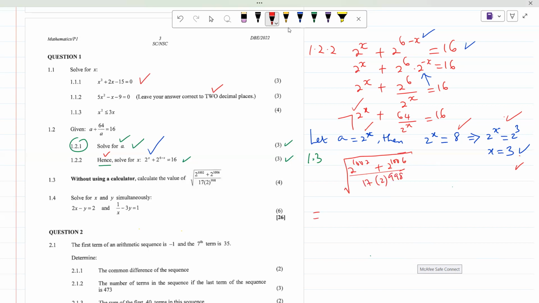The common factor is 2 to the power 998, which can be factored out from the numerator. So in the numerator, we have 2 to the power 998 times 2 to the power 4, because if you pull out 998 from 1002, it's 4 left. Okay, and then now we have, what is 1000?